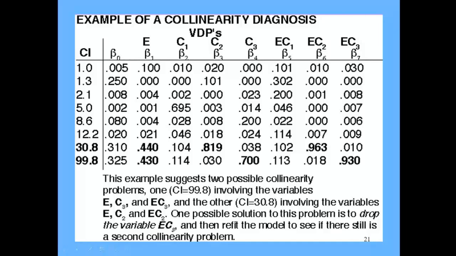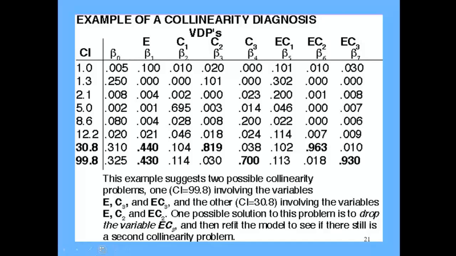Now, these numbers start at 1 and they go up. These numbers are called condition indices, whatever they mean, whatever the theory behind it. The way they work is the higher they are, the more likely you have collinearity. If they're high, that more likely suggests collinearity than if they're low.